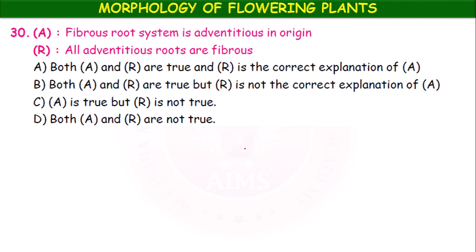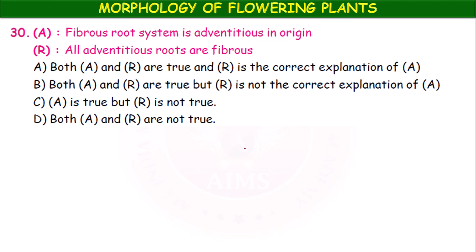So now assertion and reasoning type questions. Assertion: Fibrous root system is adventitious in origin. Reason: All adventitious roots are fibrous roots. Actually, from the 4 options you have to select the right option. Okay, assertion is true.